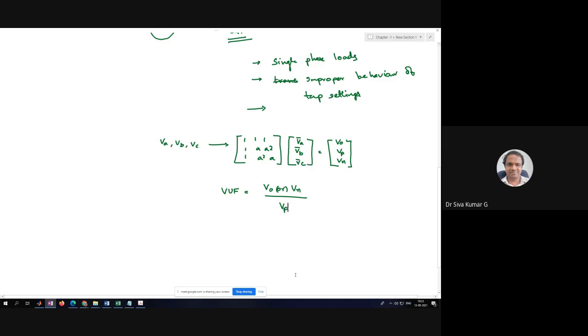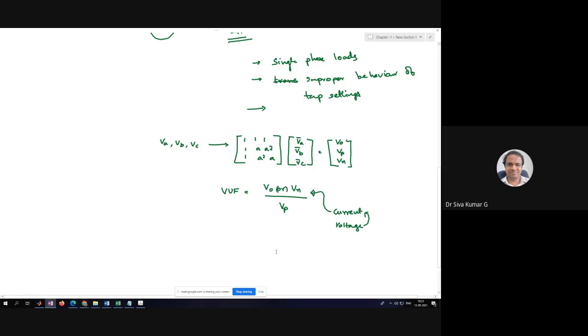But the unbalance, or imbalance, can be there in the current also, not only in the voltage. In general, for the current also, we can make use of this particular equation to find the current unbalance factor.